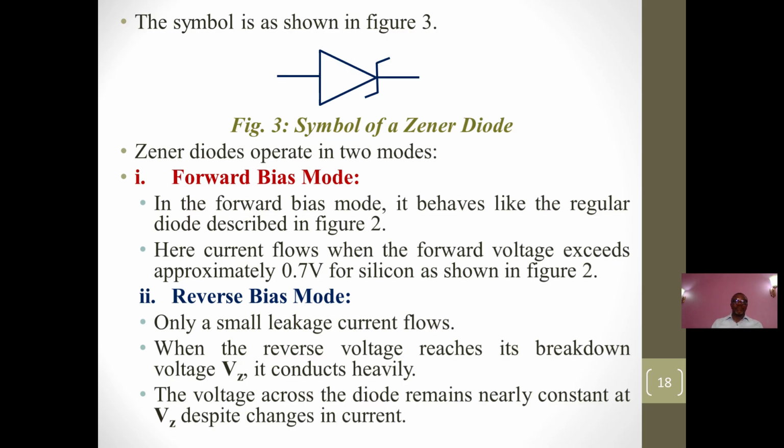In the reverse bias mode, only a small leakage current flows, as we can see in that plot, in the order of microamps, very small. When the reverse voltage reaches its breakdown voltage, known as VZ, it conducts heavily. The voltage across the diode remains nearly constant at VZ despite changes in current.